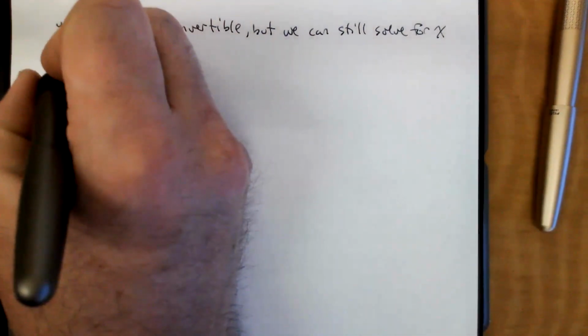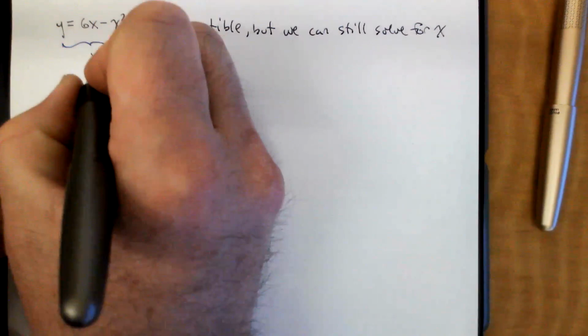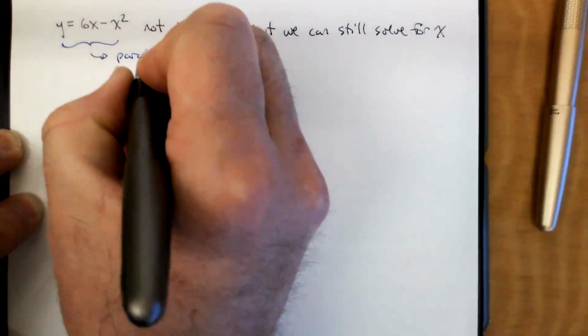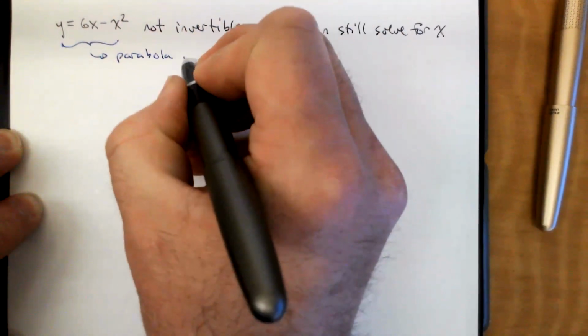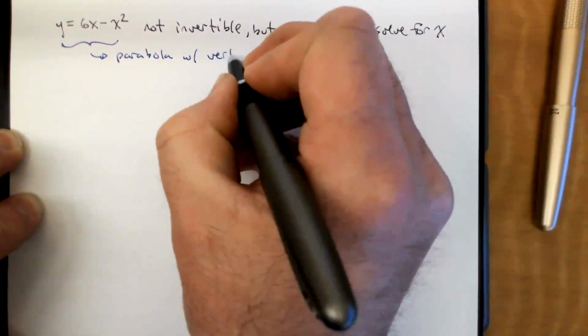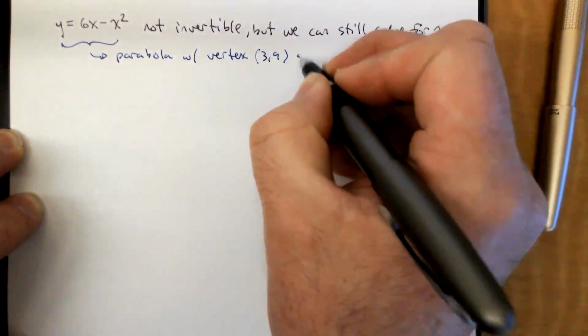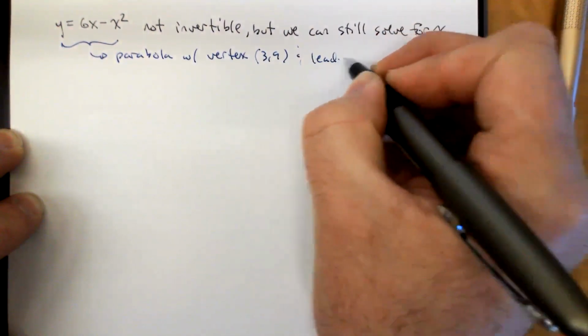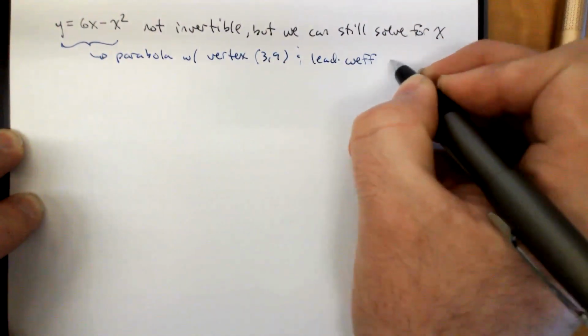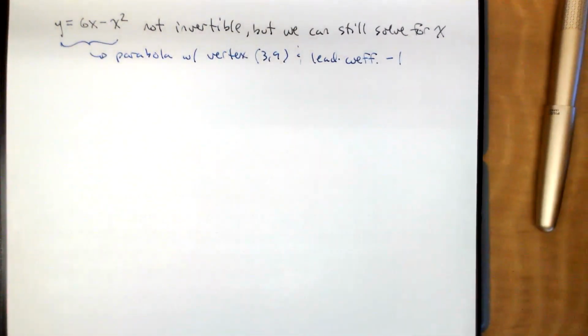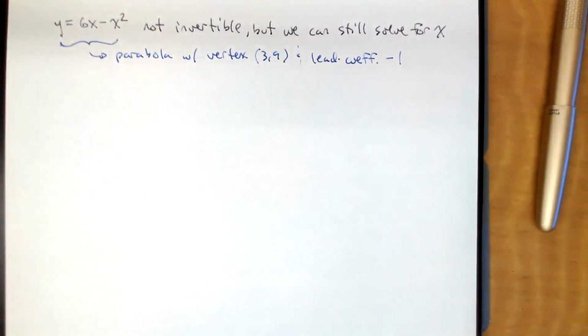This is a parabola with vertex 3, 9 and leading coefficient -1. Because I want to write this in its vertex form.